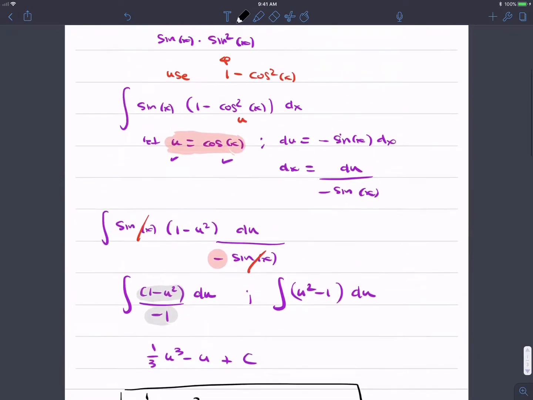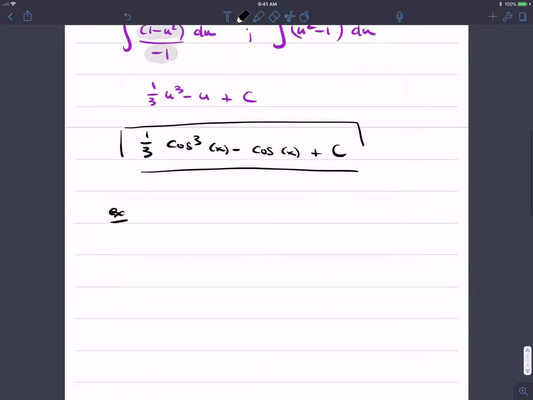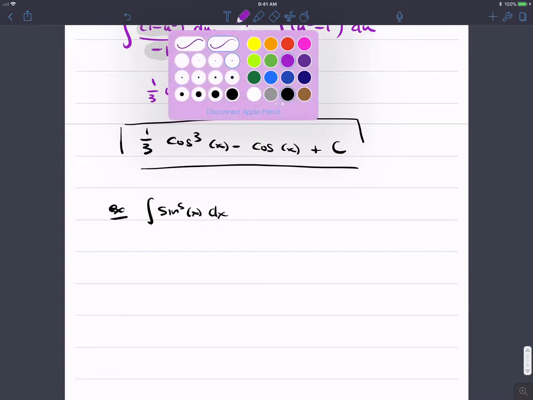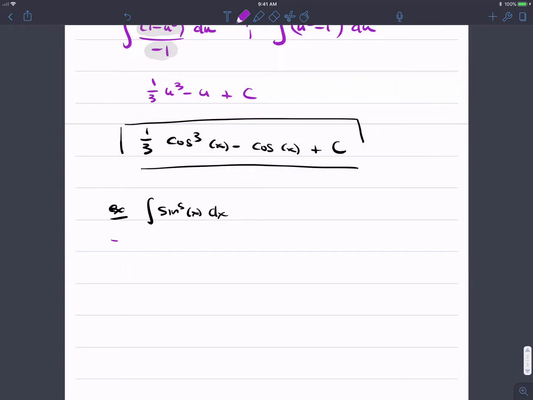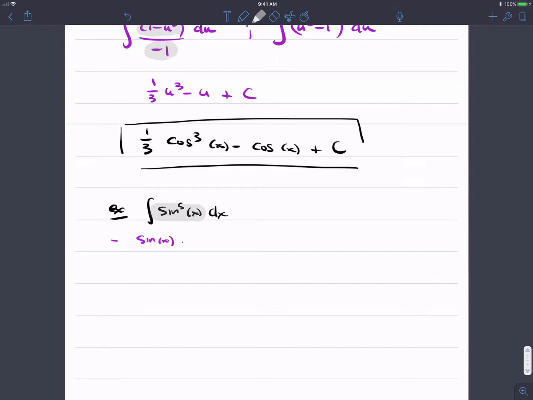Let's consider now another odd power of sine. Let's go to sine to the fifth power now. Now we're going to use the same approach. Here's what you're going to do. Again, you're going to factor out a sine from your integrand. So that'll be sine times sine to the fourth power x now.